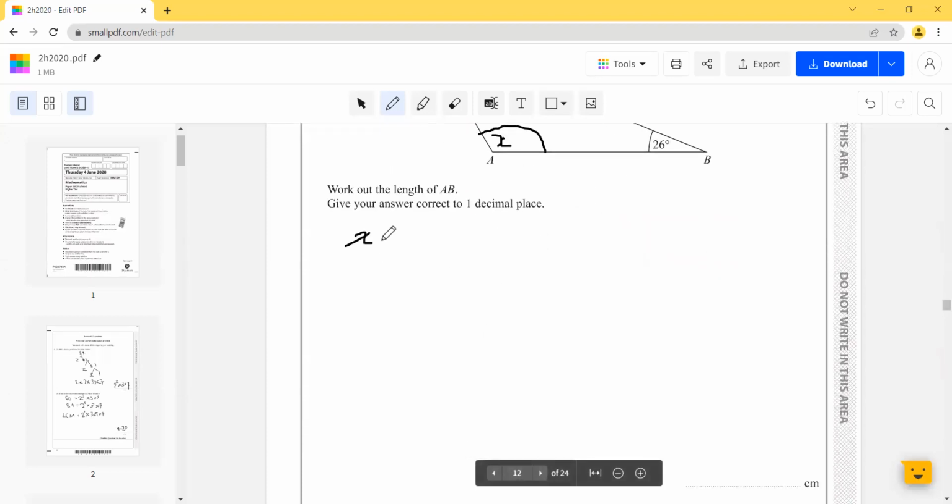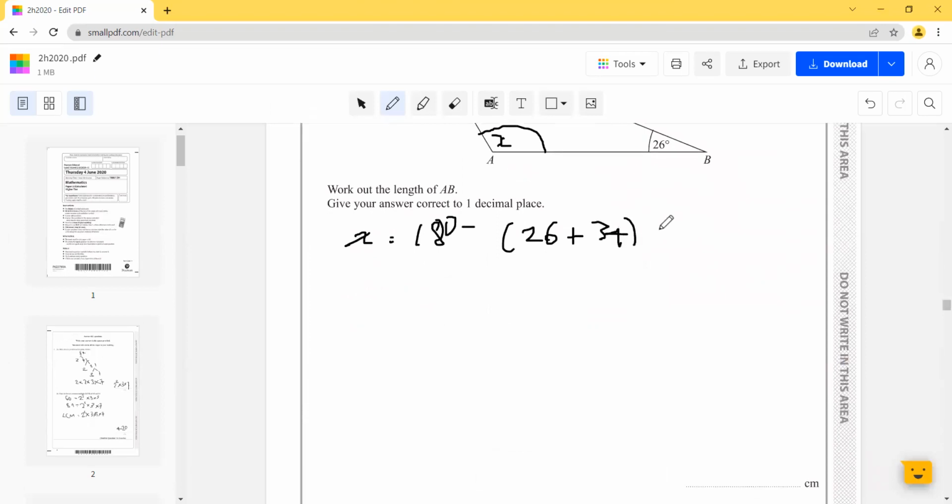So I'm going to say x is 180 minus 26 plus 34, which is equal to, well, 26 plus 34 is 40. Sorry, what am I saying? 26 plus 34 is 60.